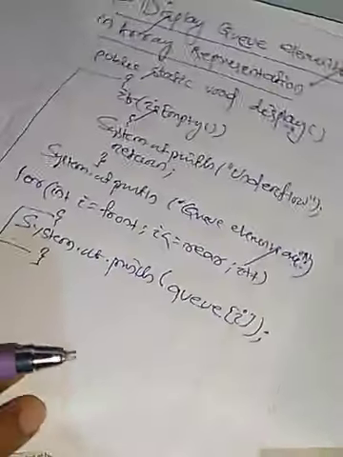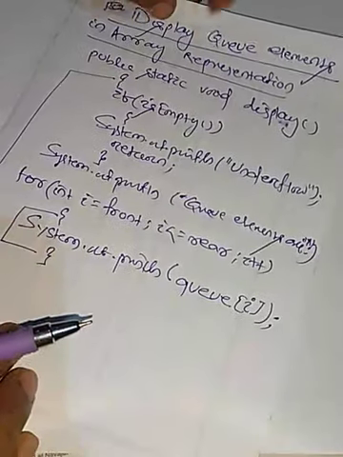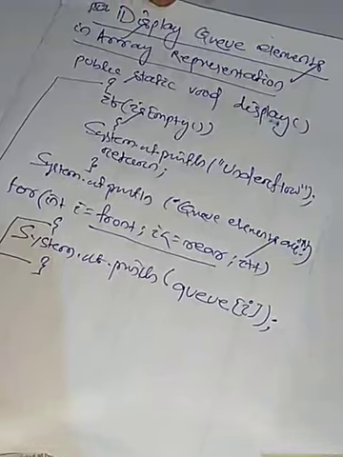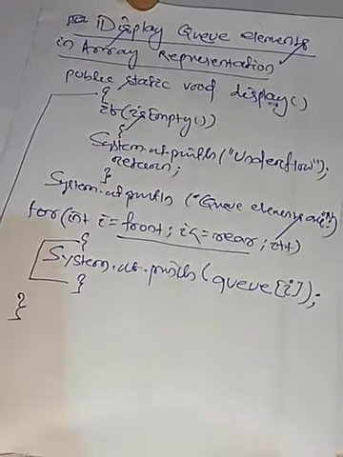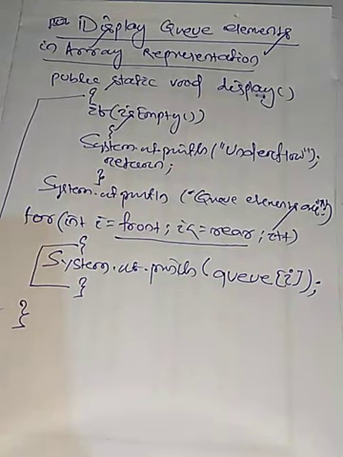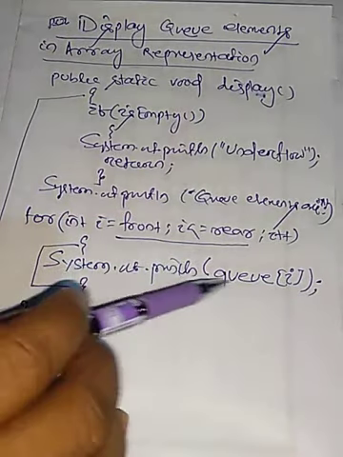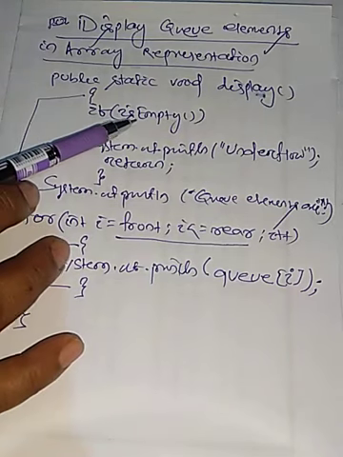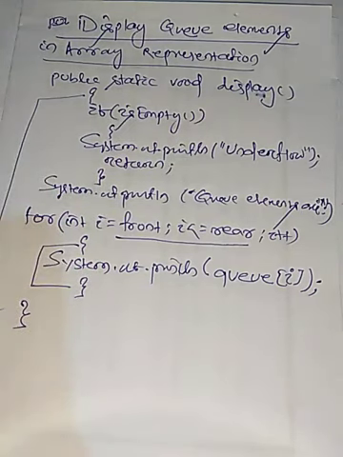Let's have a quick look at what we have done here. The key consideration is from front to rear. We start from front, we continue to rear and keep on displaying the elements. That's all. Before that, we check whether the queue is empty. If it is empty, simply display underflow. Otherwise, continue printing the elements.